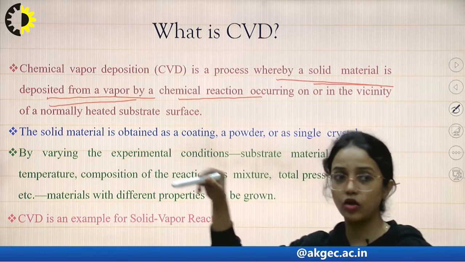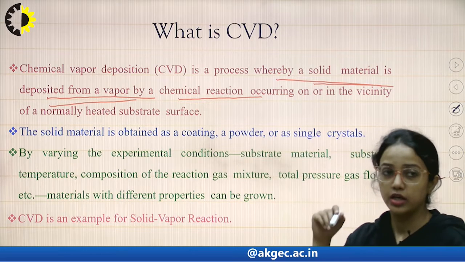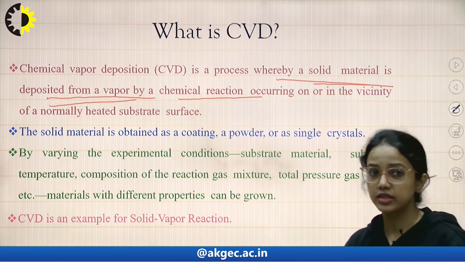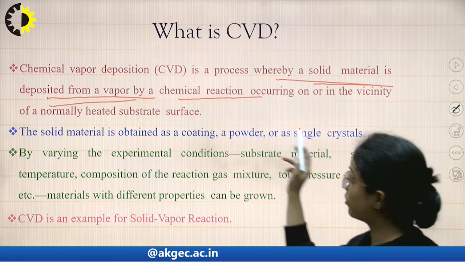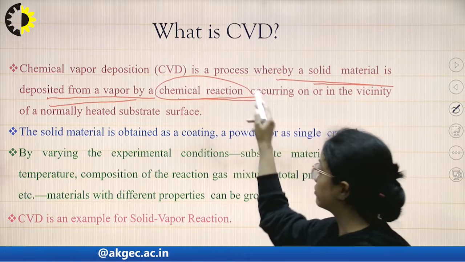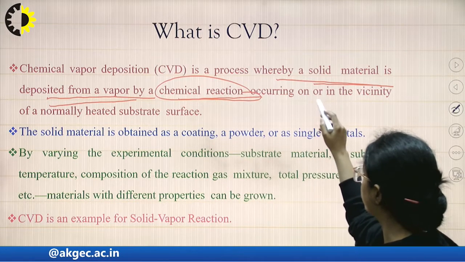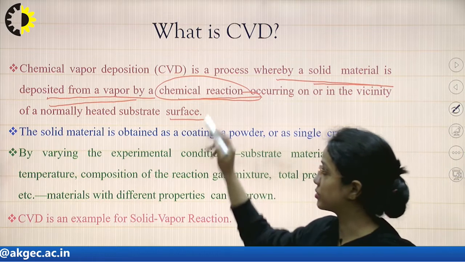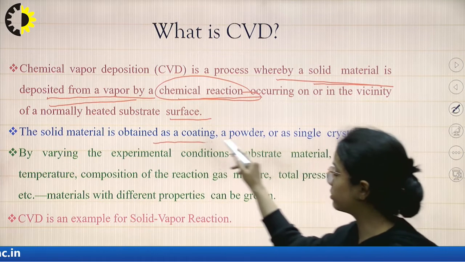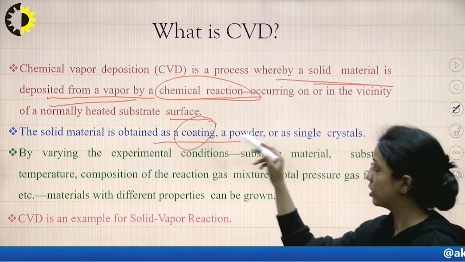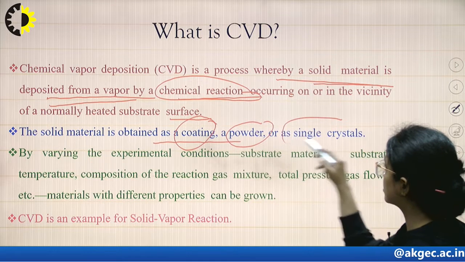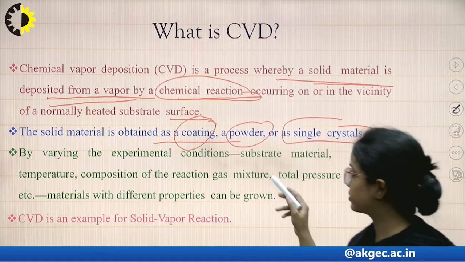How is that solid material created on the wafer? It is created with the help of a chemical reaction conducted in vapor form in the vicinity of the substrate. The solid material is obtained as a coating, powder, or a single crystal by varying experimental conditions.